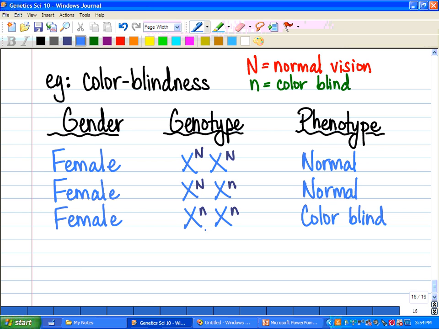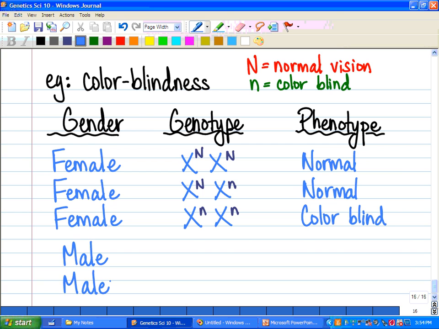Now that's actually quite rare in the population. There are way more colorblind males than females. So by looking at the male genotypes, let's see if we can figure out why that's the case. Why are males more likely to be colorblind? Of the students I've had, never had a female colorblind student, but I've had several male students that are colorblind, even a colleague or two.